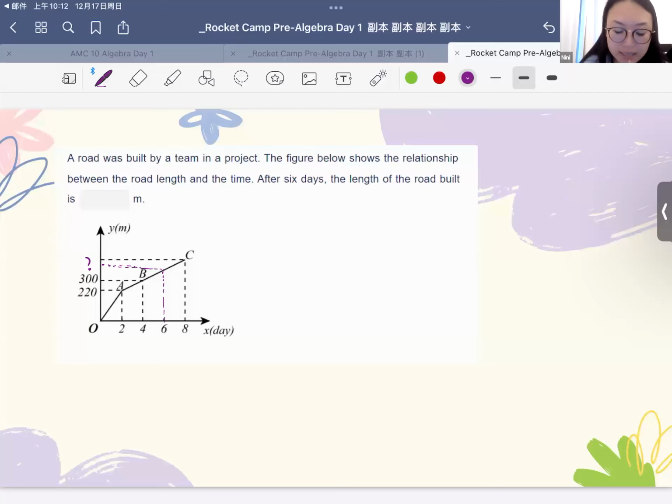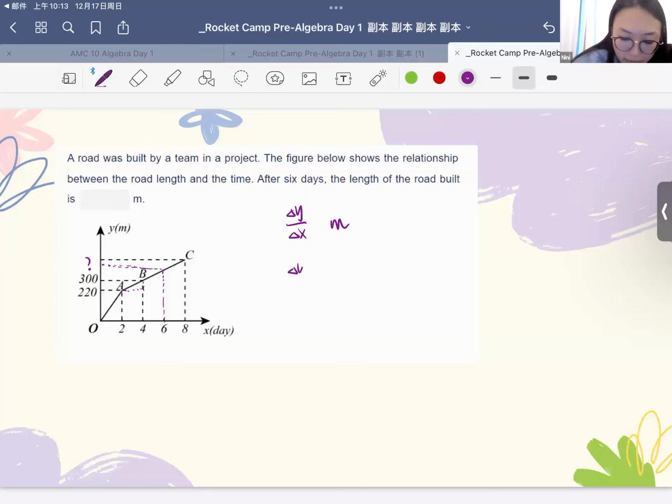But actually, the easiest way for this question is to remember that for a linear equation, the ratio between the change in y to the change in x should always stay the same, right? Because m is constant. And then for this question here, do we know what is the change in y divided by the change in x?